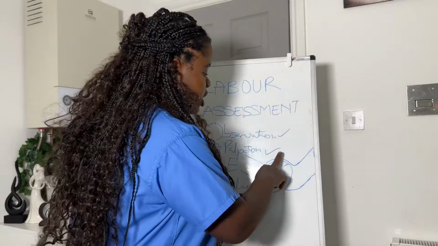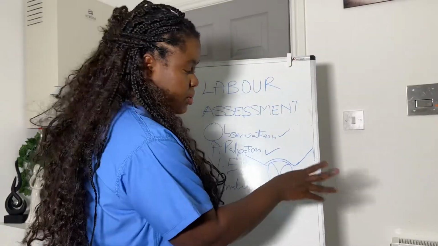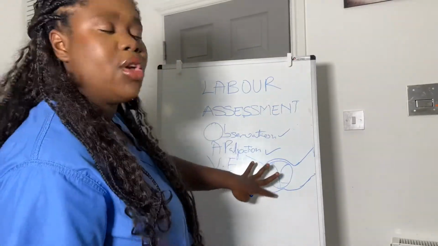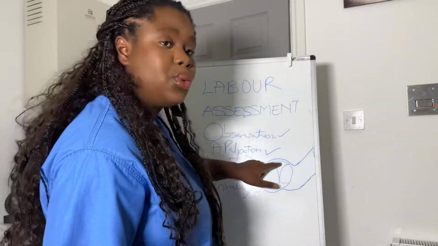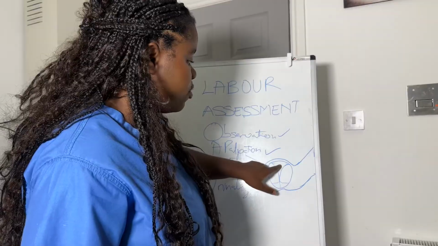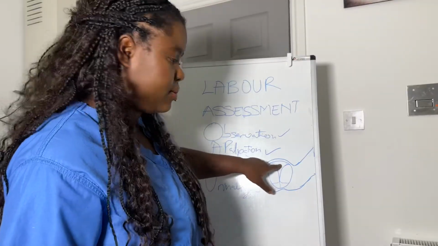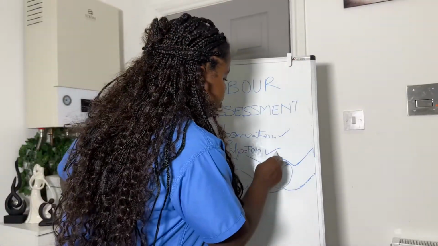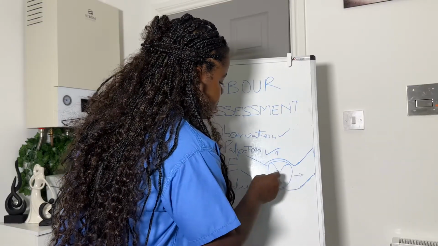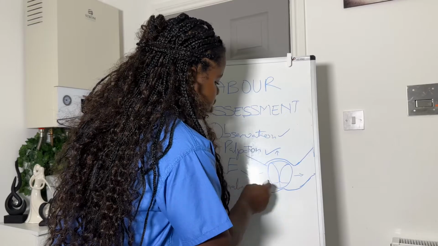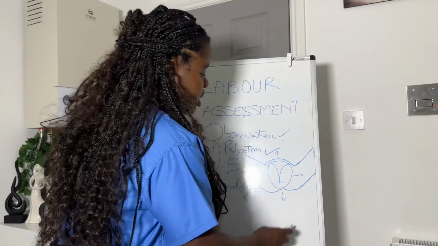When you do your VE, you want to know how it's dilated. Okay, that's fine. Now you're going to check the position. You want to know where this posterior fontanel is actually located. Is it facing this? Is it going this direction? Is it coming this direction? Or is it facing this direction?